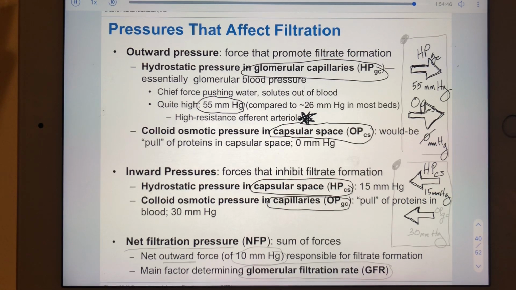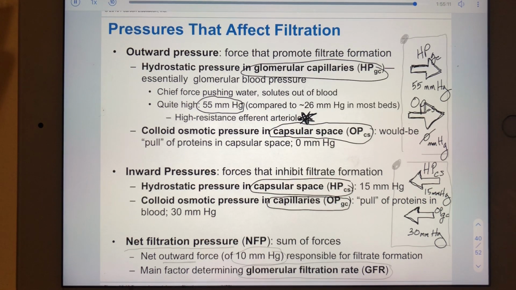Same reason. That capsular space is always being drained, okay? And this arrow here representing the solutes that are too large or too bound to escape the blood, at least in the renal corpuscle, it's about 30 millimeters of mercury, okay?